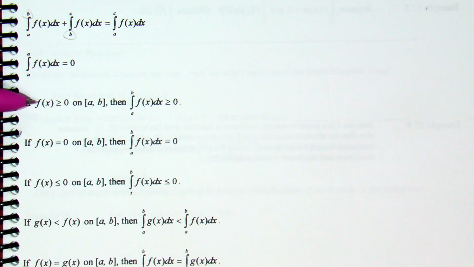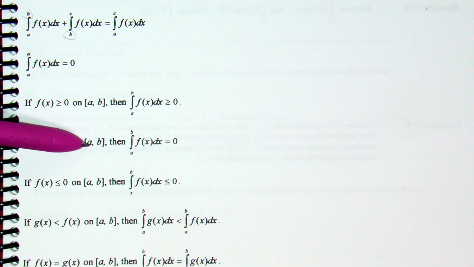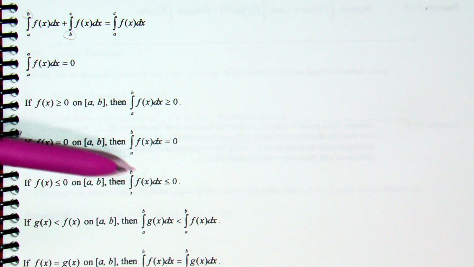If my function is greater than or equal to 0 on an interval, so if my function is positive, then my integral is positive. If my function equals 0 on an interval, then my integral equals 0. If my function is negative, then my integral is negative. Just some basic facts there.